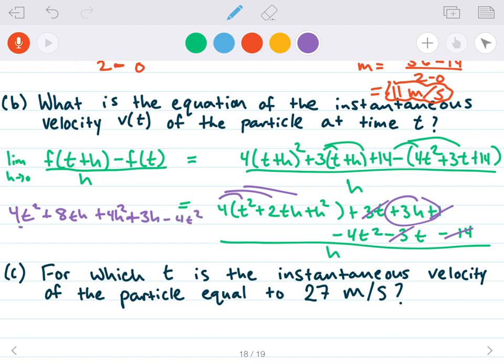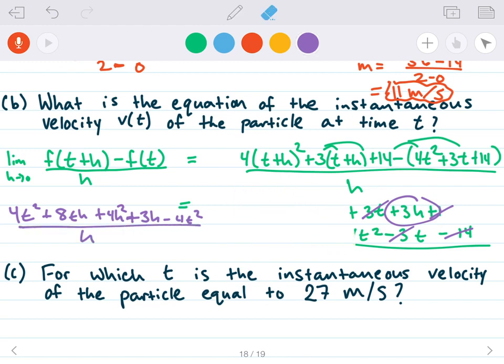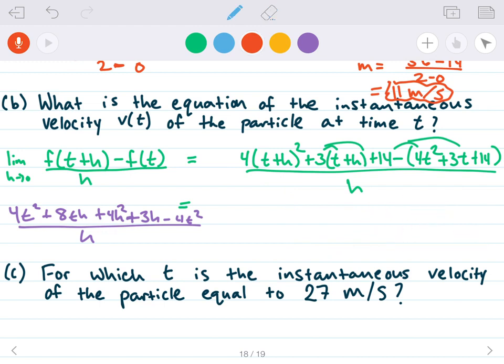And that's all over h. Okay, so I'm going to erase this. All right, so these 4t squareds are going to cancel.